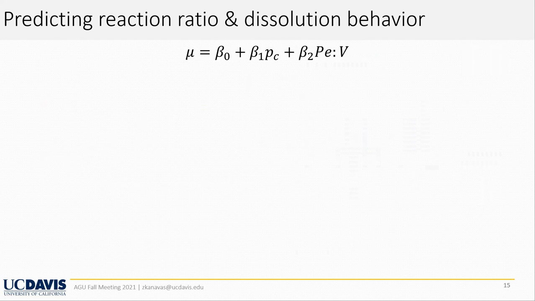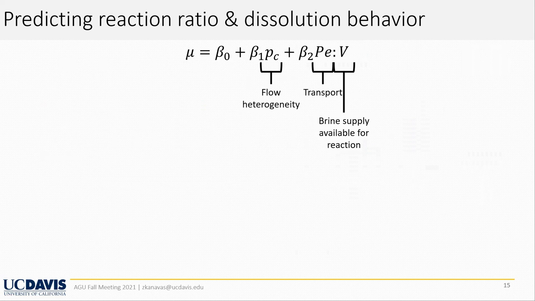The best model found so far is a linear combination of PC as an independent parameter and the interaction of Peclet and volume. PC independently captures the initial flow heterogeneity. The Peclet number captures the influence of the transport process, and the dimensionless volume captures the available supply of acidified brine for the dissolution reaction.